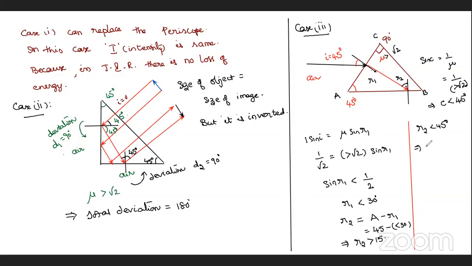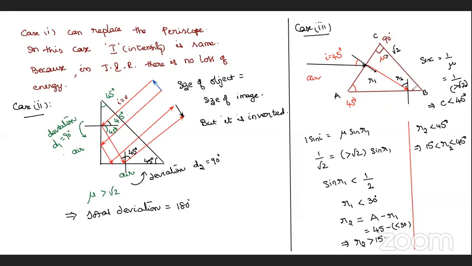That implies R2 lies in between 15 degrees and 45 degrees.